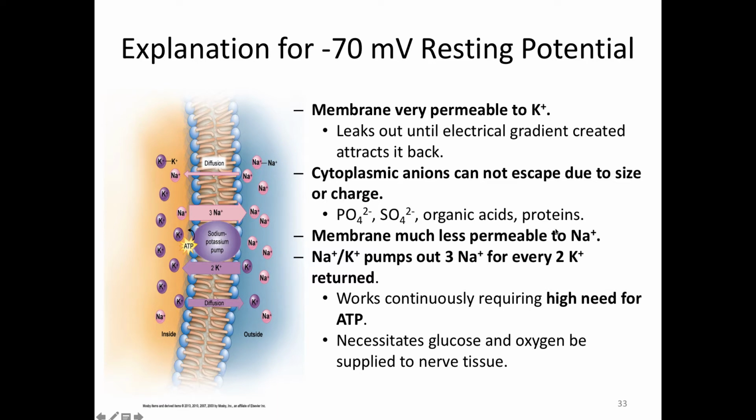The membrane is much less permeable to sodium due to fewer sodium leak channels. And the sodium-potassium pump pumps out 3 sodium for every 2 potassium returned. So there's a net loss of 1 unit of positive charge per pump. So net loss of 1 plus per ATP.